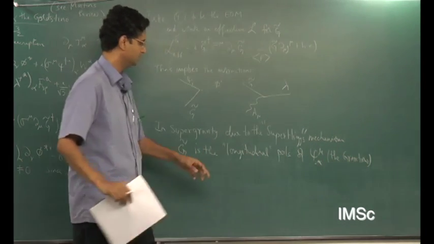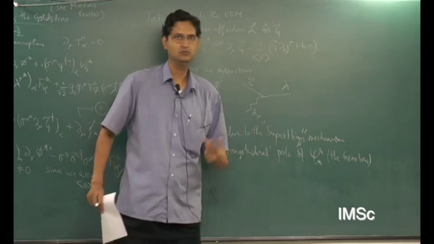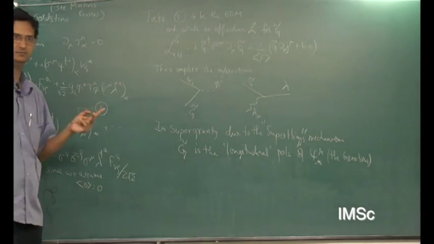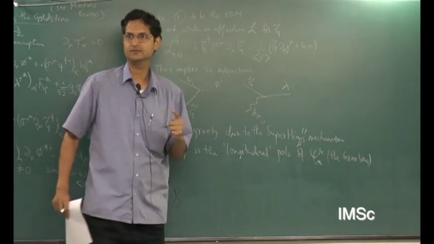The massless gravitino has only two polarizations, whereas a massive spin 3/2 object has four polarizations.